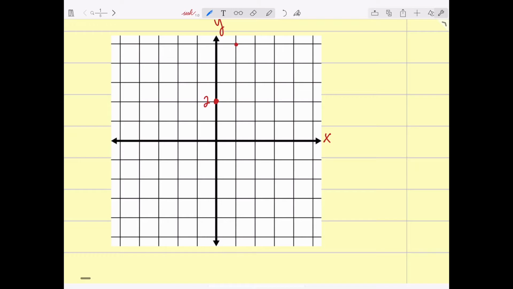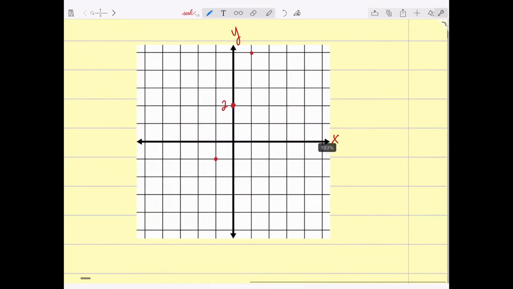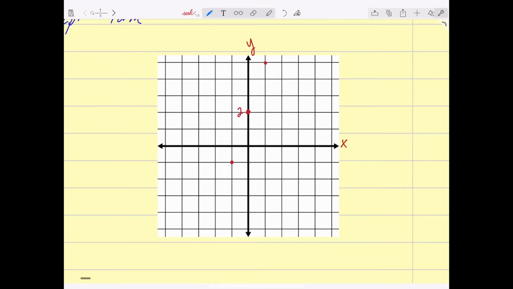And we just follow that pattern. So from that y-intercept, I would go down 3 and over 1 for a point at negative 1, 1. And if I connect those dots, I have a line. Okay, so that's the line 3x plus 2.